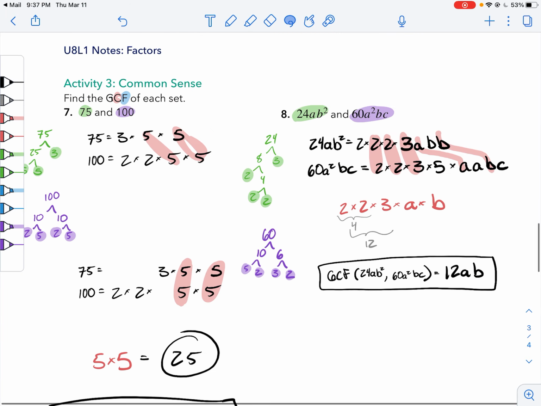Awesome. GCF, the greatest common factor. Isn't that great? So fun.